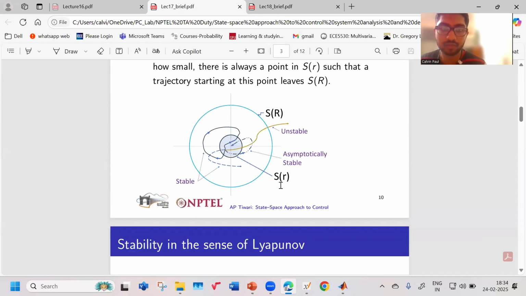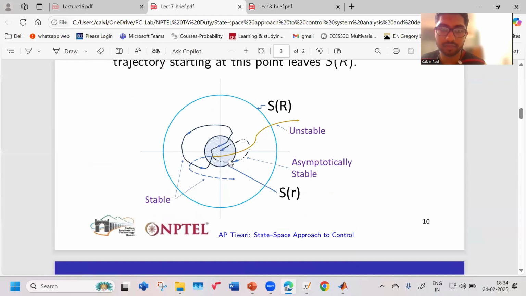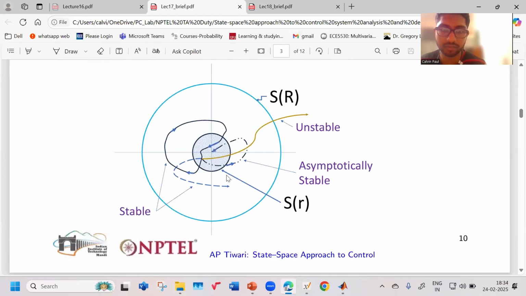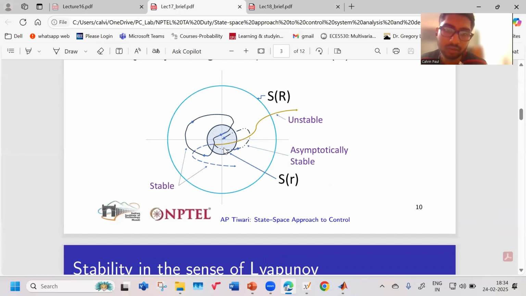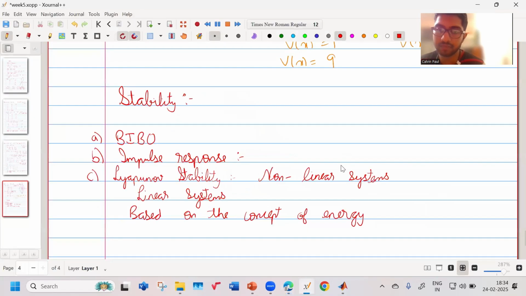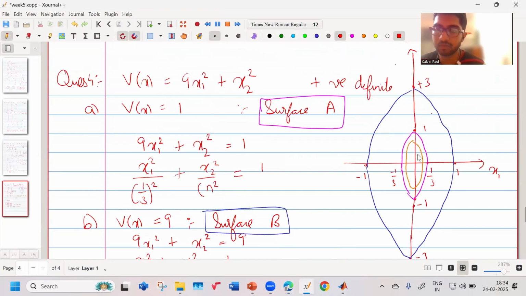One diagram is there, with a ball S of R. S of R is a ball, like a sphere. I had shown this diagram, if you remember.